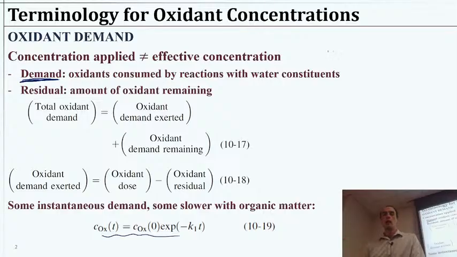It's a range. In the US, I think it's 0.5 to maybe 1.5 milligrams per liter Cl2 is what we want coming out of our faucets. Yeah. Other questions?